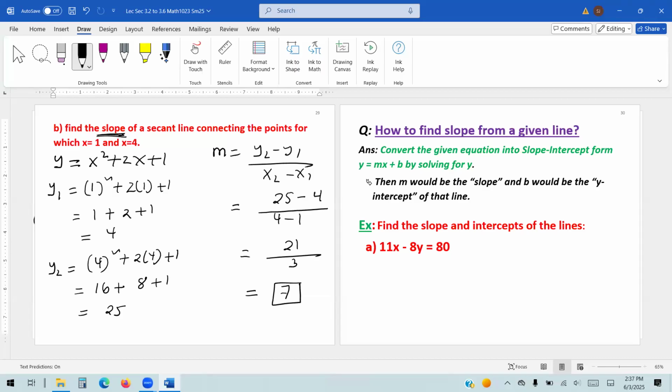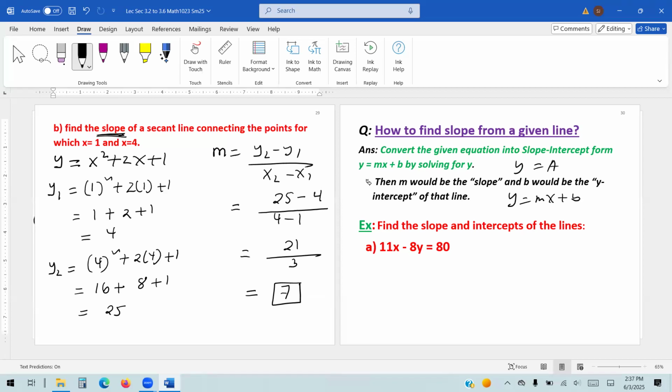Remember yesterday I showed you three formats. One is standard, one is slope intercept, one is point slope. Do you remember from yesterday? Three formats. One is y equals mx plus b.